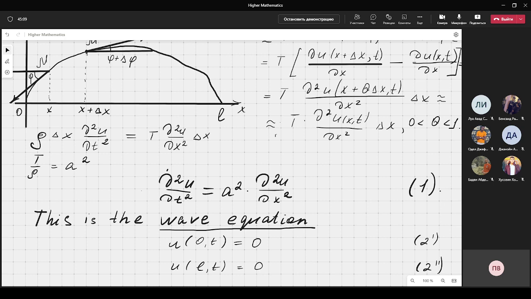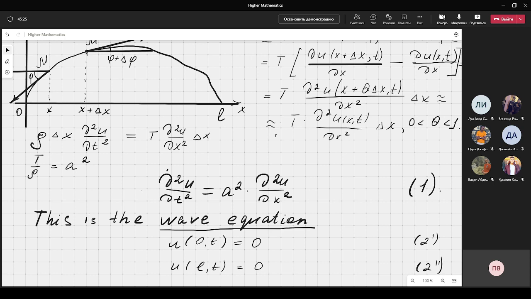At t is 0, the string has a definite shape, that which we gave it. Let this shape be defined by a function f of x.